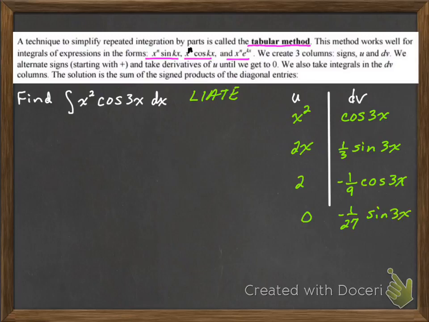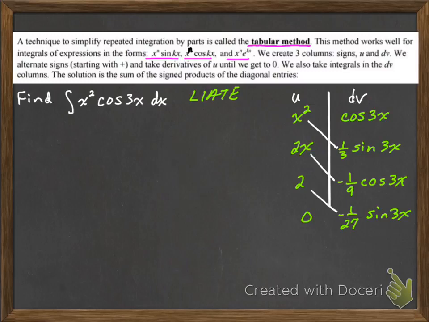sine of 3x. All right, so once we've made this table, our next step is to look at the diagonals on this table. So the x squared matches up with the 1/3 sine 3x. The 2x matches up with the negative 1/9 cosine 3x. And the 2 matches up with the negative 1/27 sine 3x.